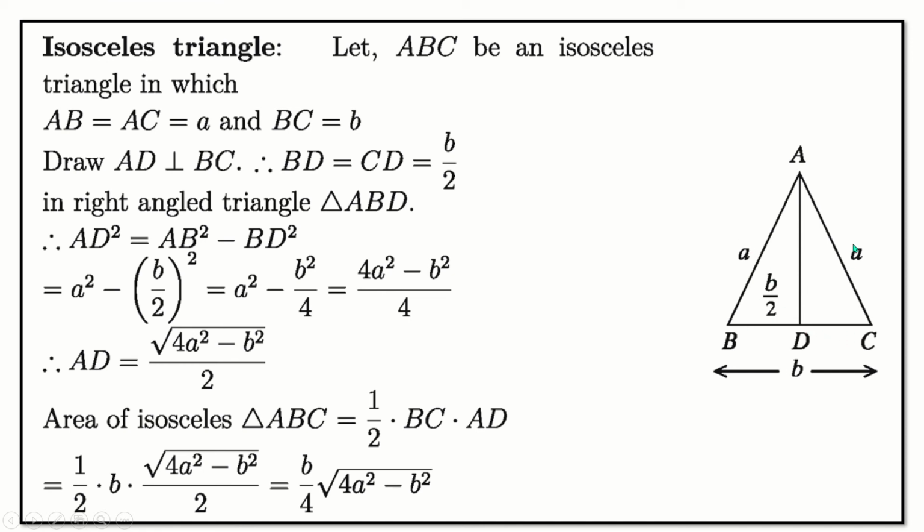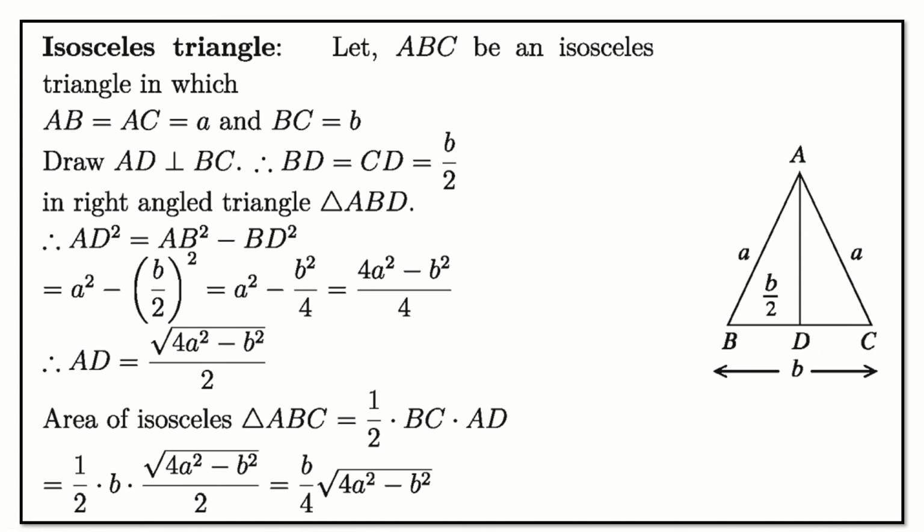Here A is the equal side and B is the other side. Clear everyone? And here there will now be two right angle triangles, one is ADB and another one is ADC.